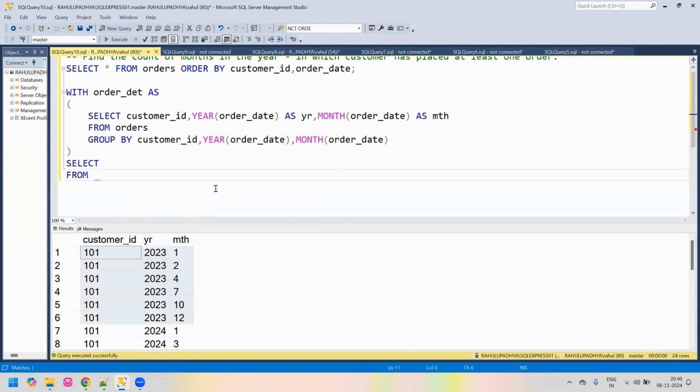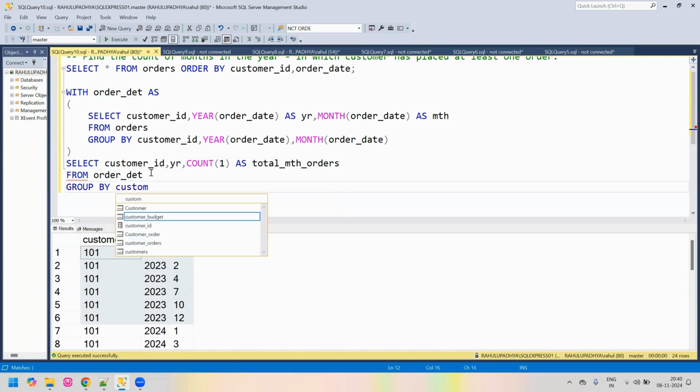As we discussed, we will operate on this CTE and find out, for the customer ID for a particular year, the total entries, that is the count, and this will be the total month orders. Let's group it based on the customer ID and year.